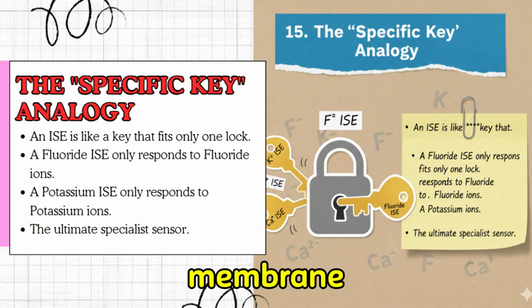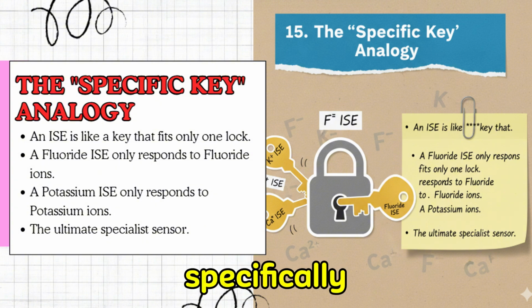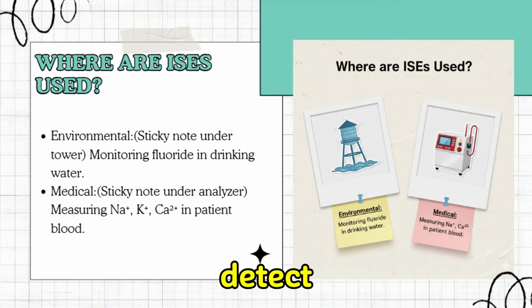Instead of a glass membrane, it uses a unique solid-state membrane or a crystal that is designed to only allow its target ion to interact with it. Visually, an ISE looks very similar to a pH electrode. The difference is internal, in the construction of the membrane at its tip, which is tailored specifically for the ion it needs to detect.